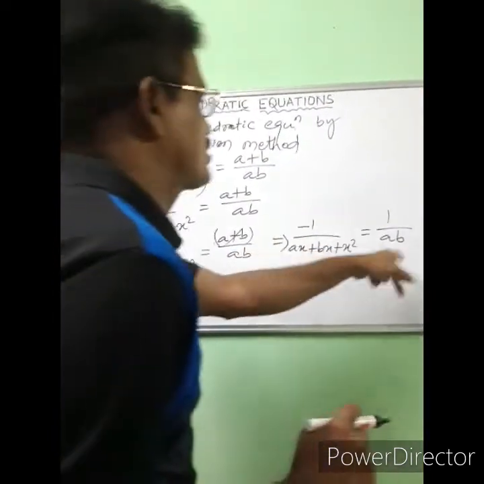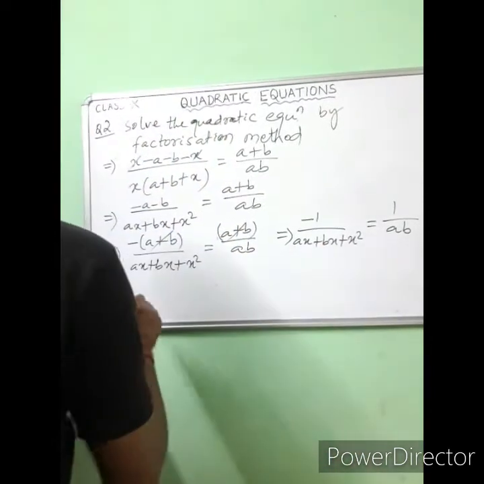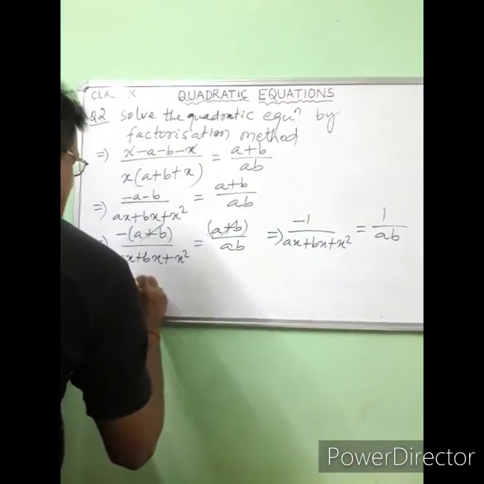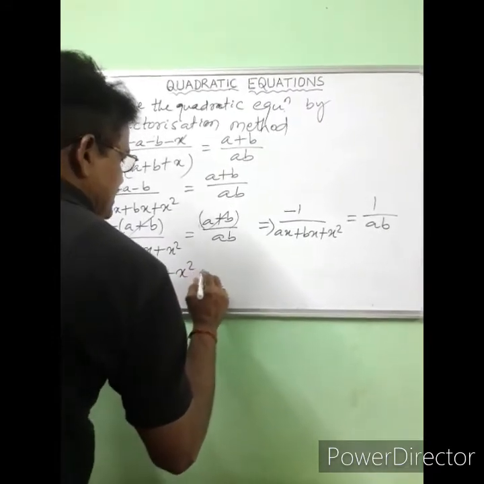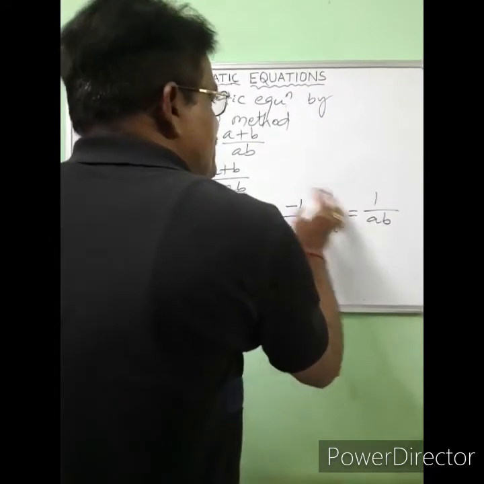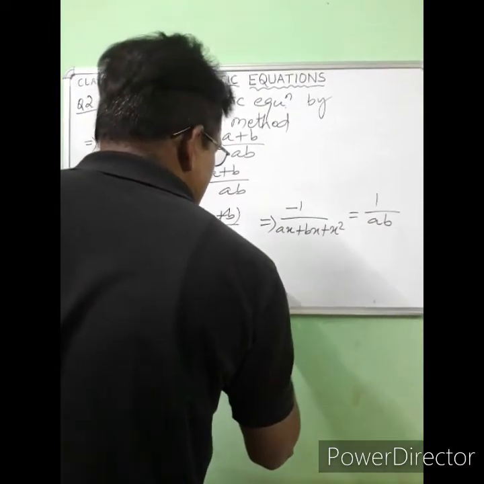Now by cross multiplication, what will happen? ax plus bx plus x square is equal to minus ab. Clear?